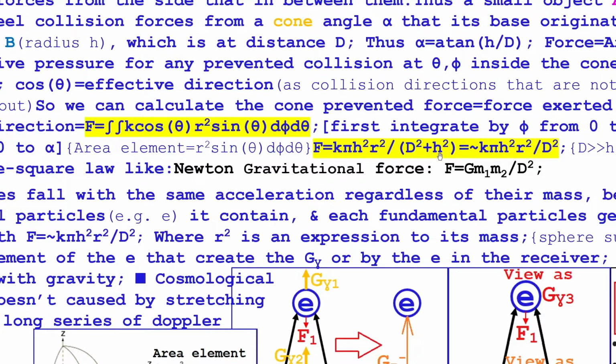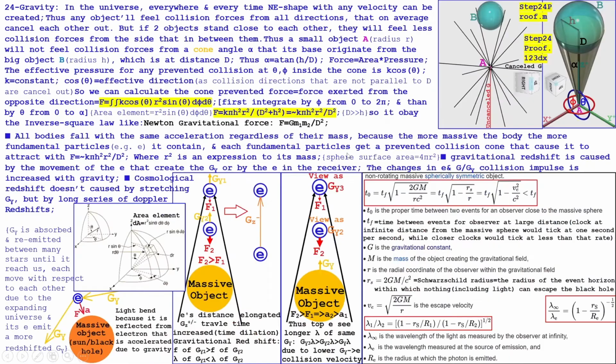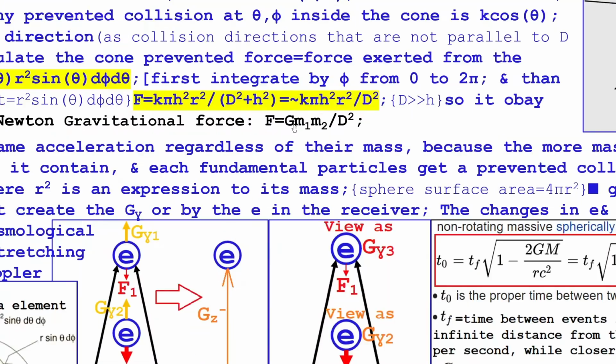Additionally, this calculated force is proportional to the product of the two objects' surface area, which is an expression of their mass. This explains why any body falls with the same acceleration, regardless of its mass, as it just cancels out, because acceleration is force over the accelerated mass.